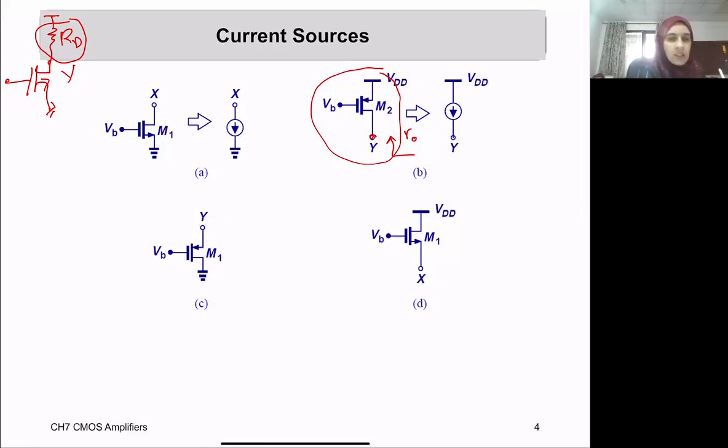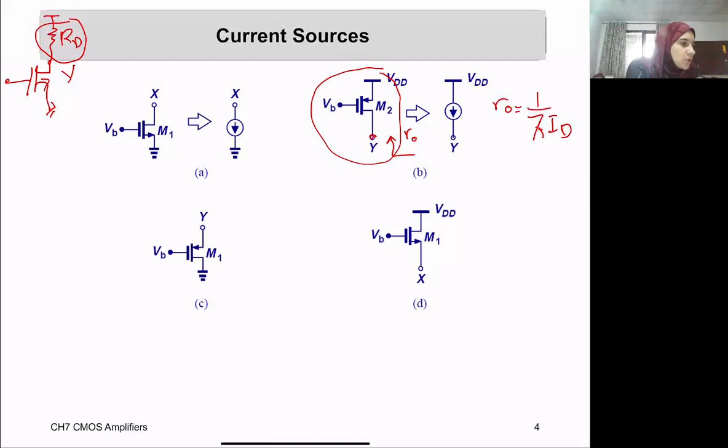This R0 is typically a large impedance value. If you remember, it's 1 over lambda times ID. Usually this is a large value, from a few hundred kilo ohms to a few mega ohms. It depends on the transistor and the currents that we are having.